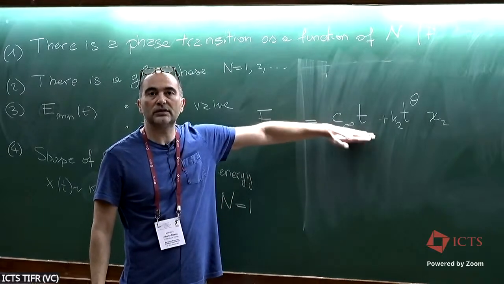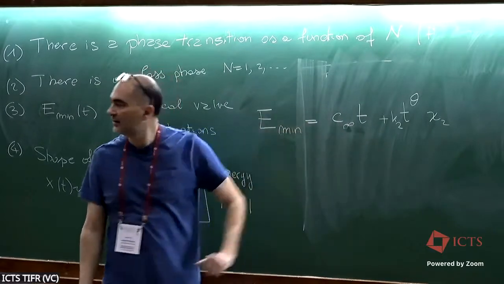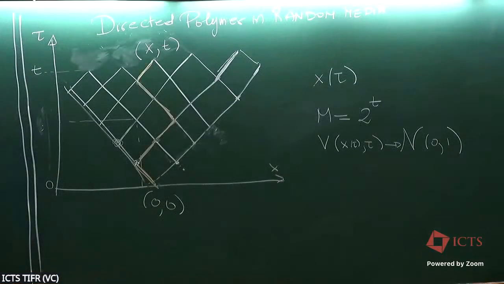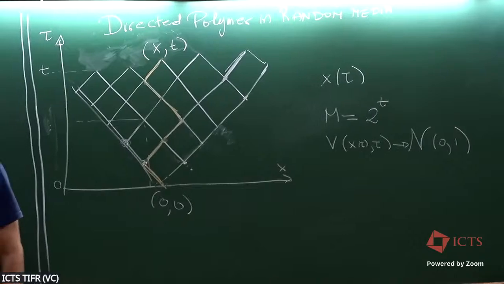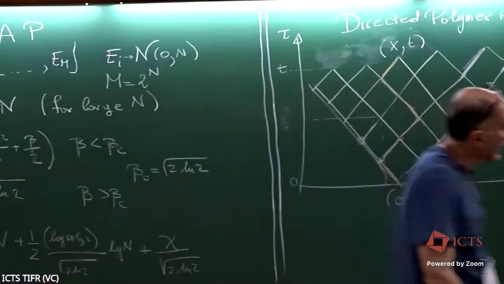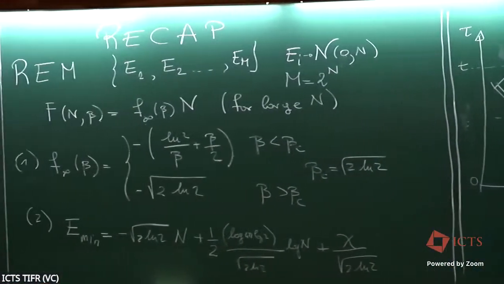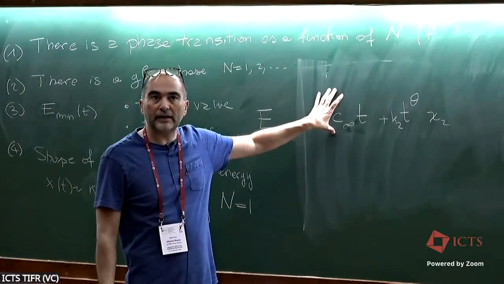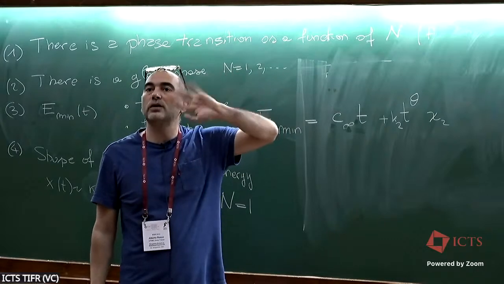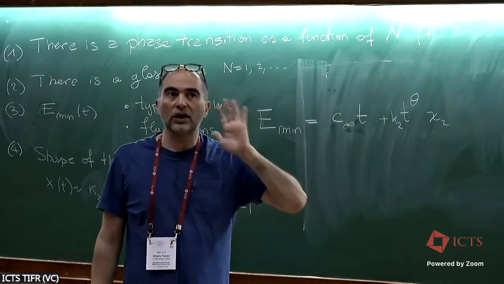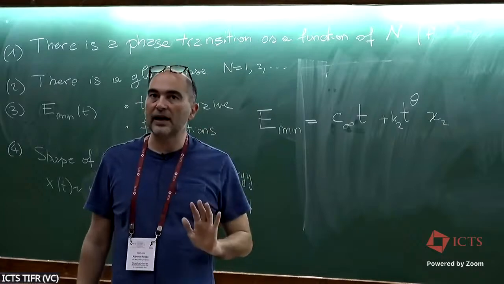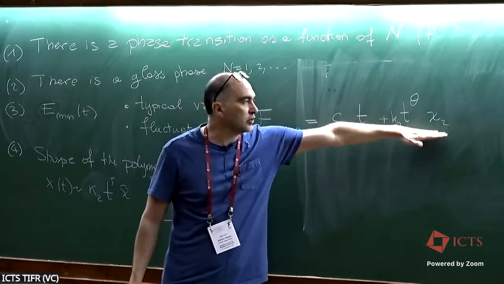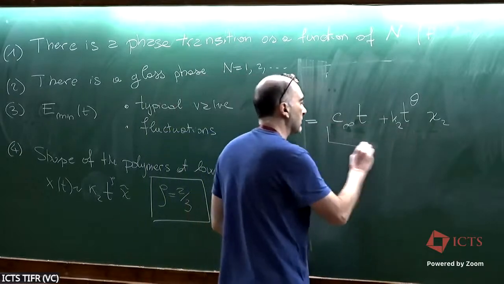This is what we found also yesterday. So in the REM model, it was -2 log 2 times n, where n was the size of the system. Here, the size of the system is t, and still we have a deterministic part. So each one of you will find a ground state energy which is very similar, okay, because the only difference is here. So they have fluctuations, but this is the deterministic part.